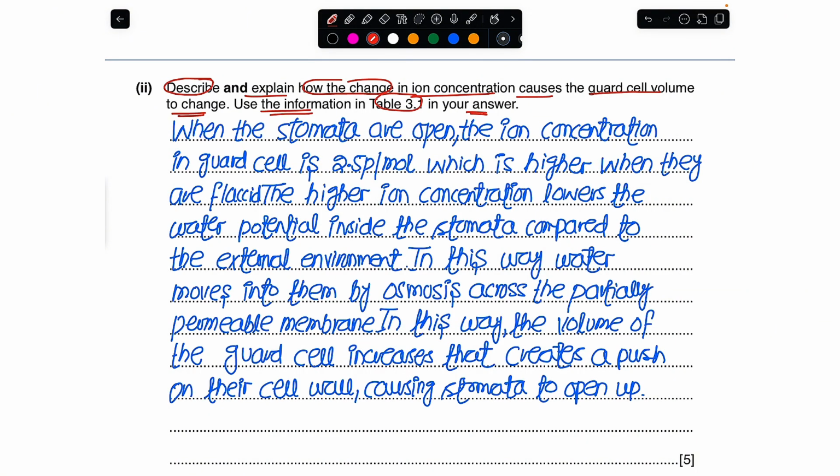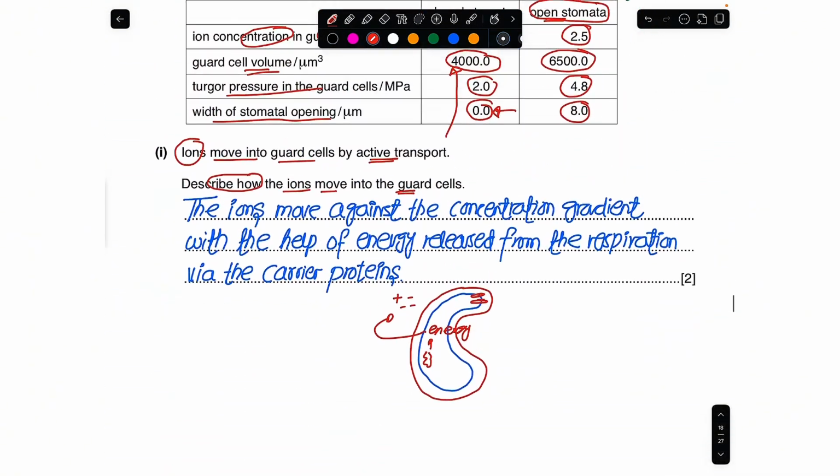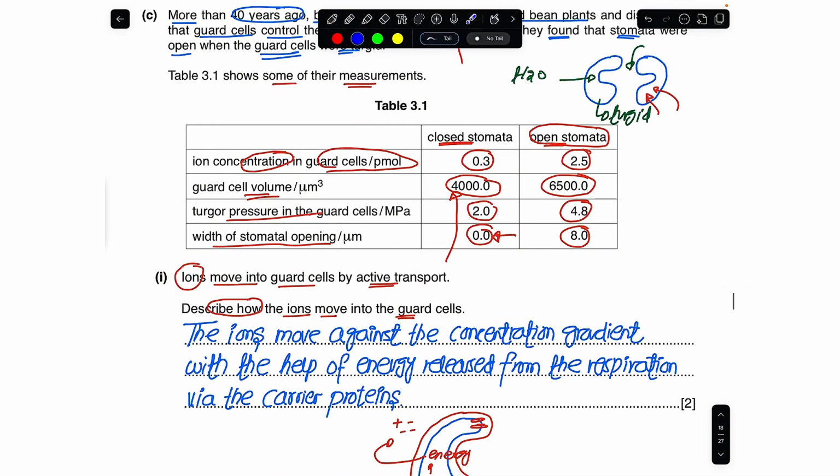So what I have described in the data above is that when the stomata are open, the ion concentration inside of the guard cell is a higher value, and that is 2.5 ppm, and that would have resulted in decreasing the water potential inside the guard cells, and that water would go inside by osmosis, and that is why the guard cells would become turgid. So the width of the stomatal opening, in terms of description, we would say is 8.0 micrometres.